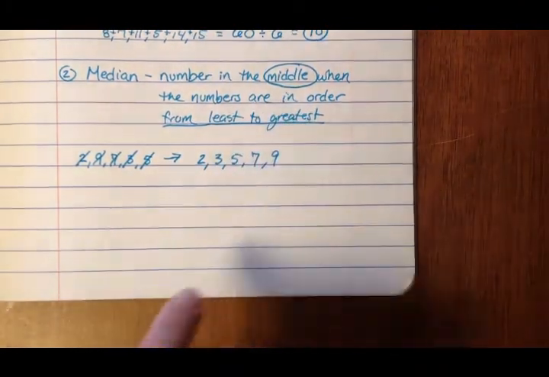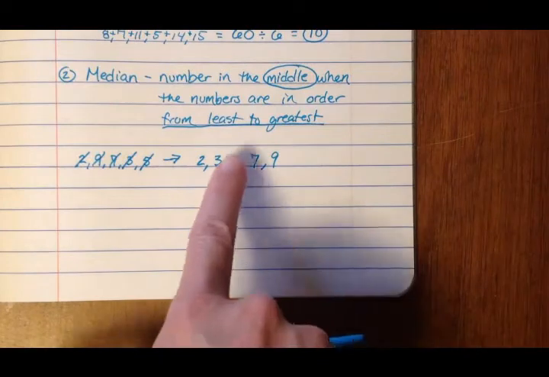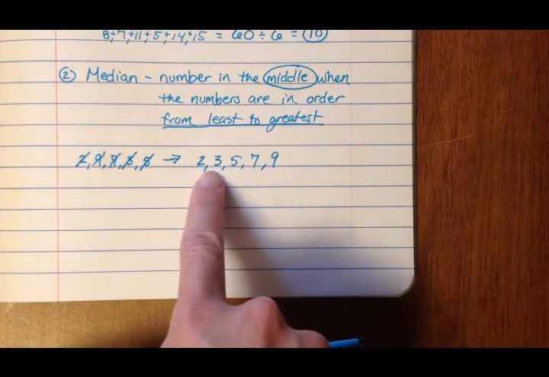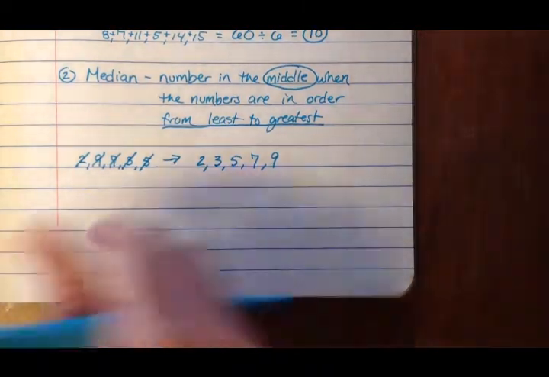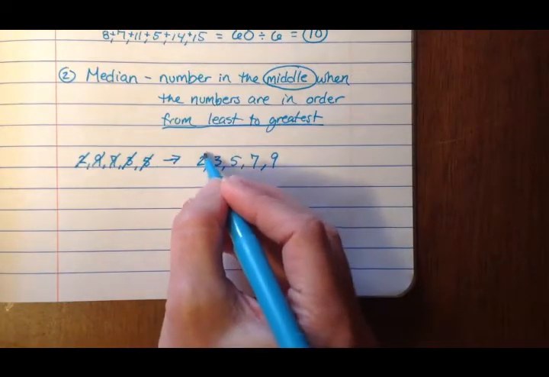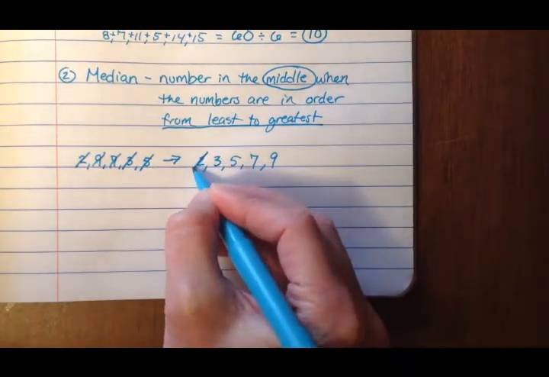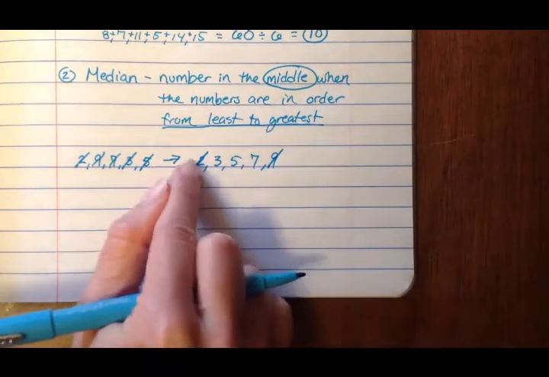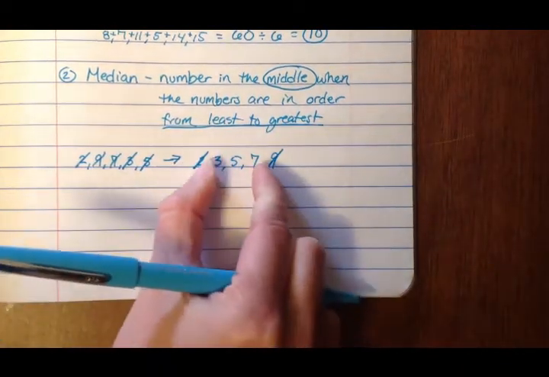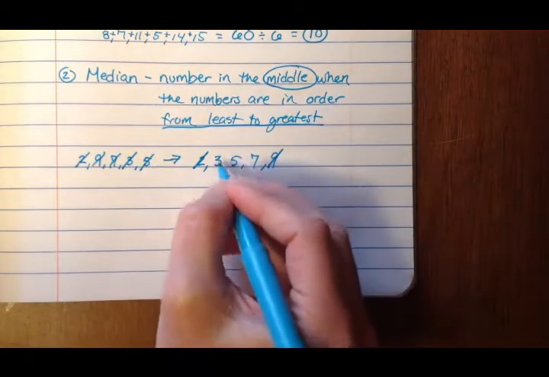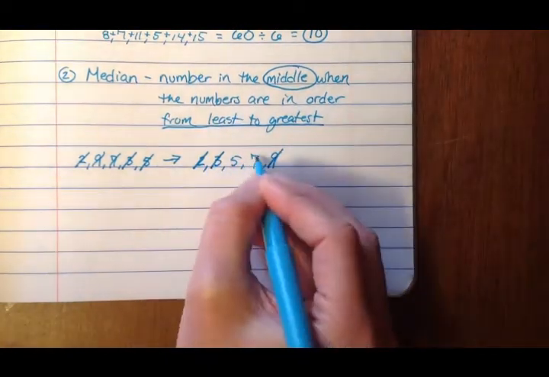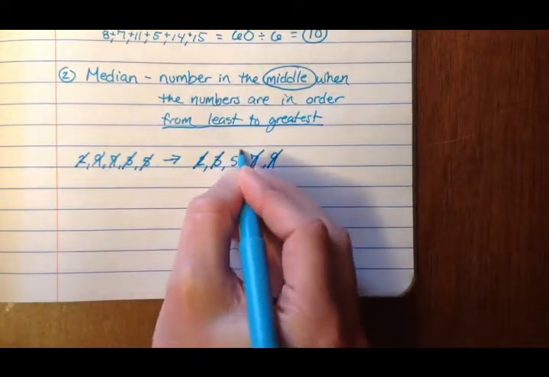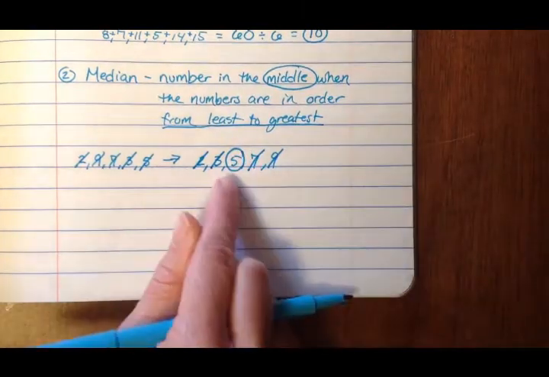Now, in order to find the middle, I like this nice trick that helps us figure out which number is actually in the middle here. What I like to do is take off the bottom number and the top number and work our way inwards. If we take off 1 from each side, notice that leaves us 3 here in the middle. Then if I take off the next lowest one and the next highest one, I am able to find the number that is right in the middle.